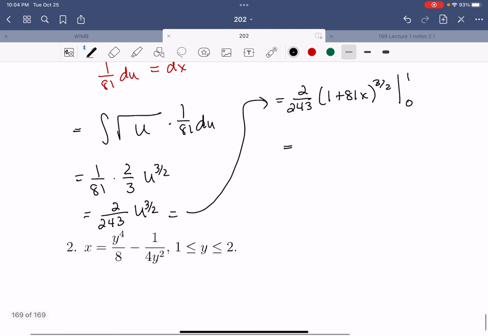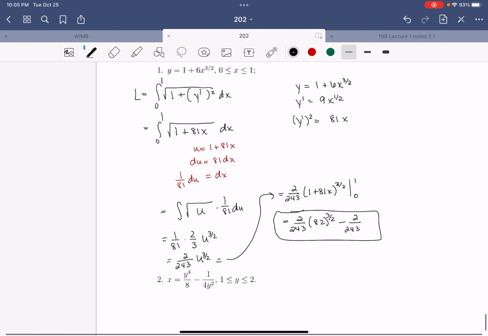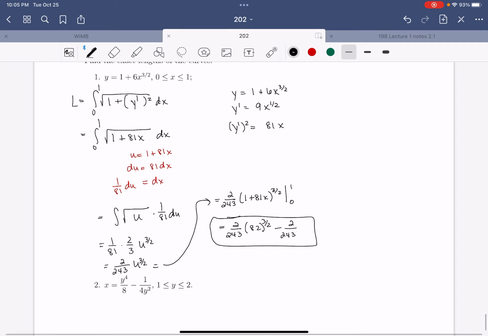And when you plug in 1, you get 2 over 243 times 82 to the 3 halves. And when you plug in 0, so minus 2 over 243. When you plug in 0, you get 1 to the 3 halves, which is just 1. So it's just minus 2 over 243. And there's number 1.